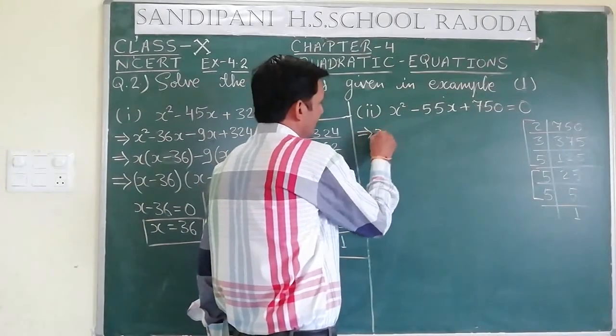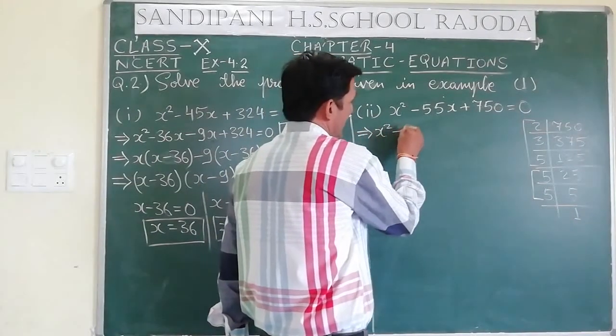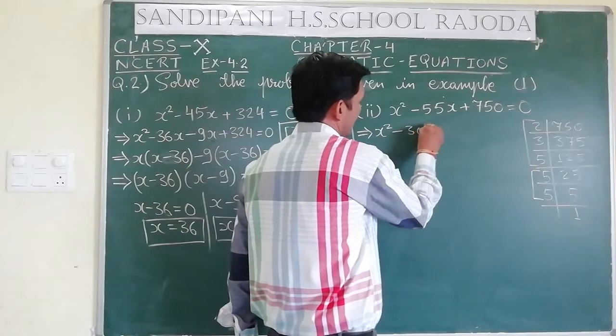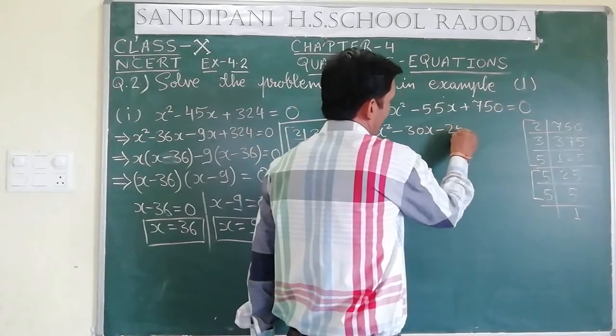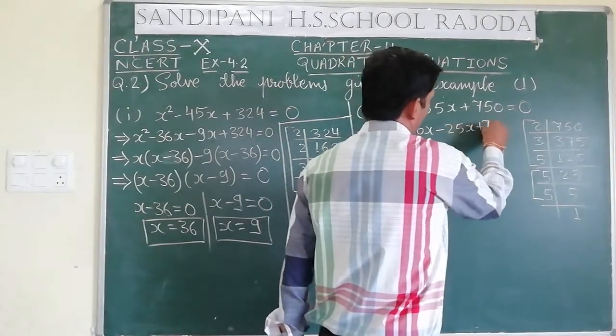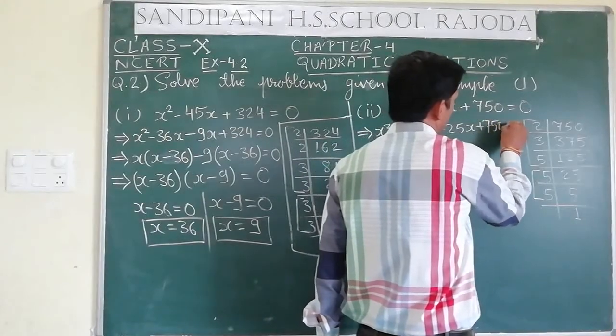So x square minus 30x minus 25x plus 750 is equal to 0 here.